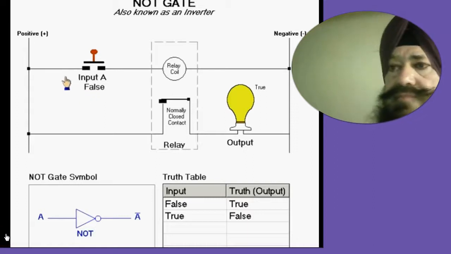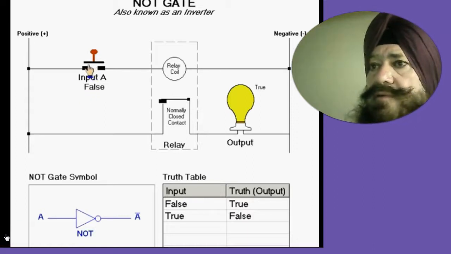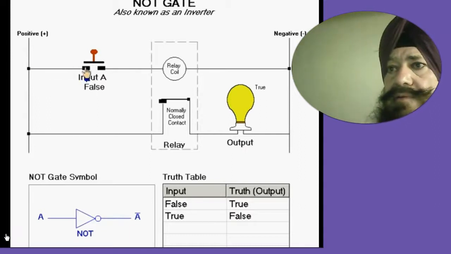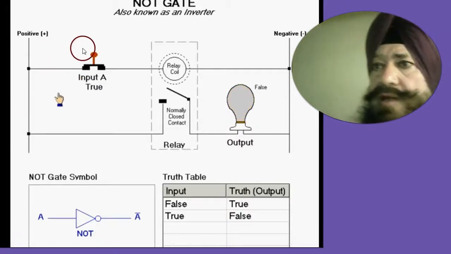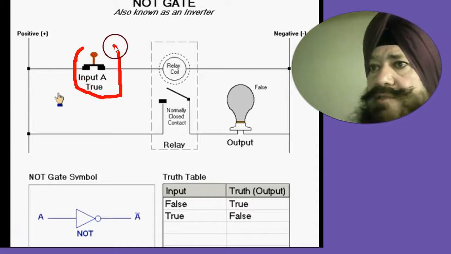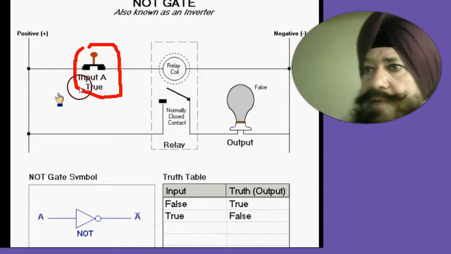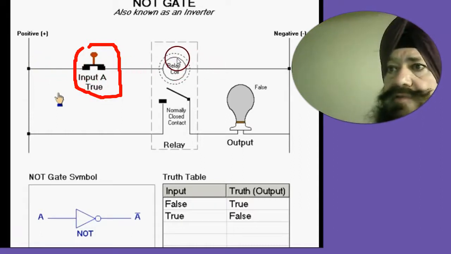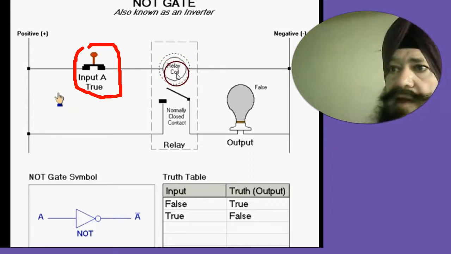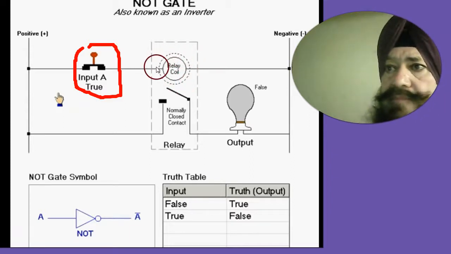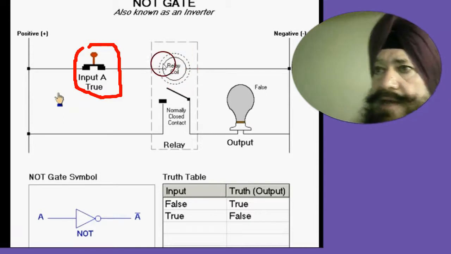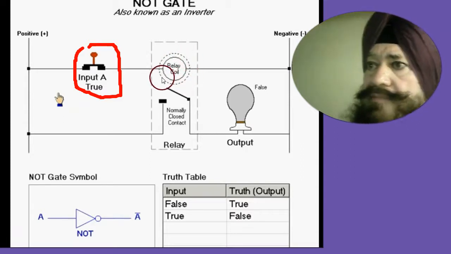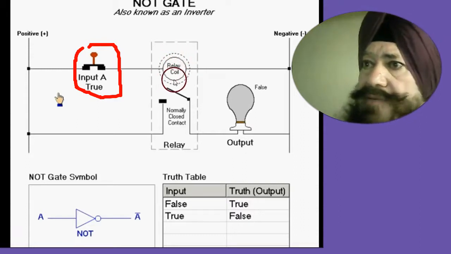Now when this switch is closed, meaning the true state, current starts flowing. This is the relay coil, and across the relay coil, magnetic energy builds up, it energizes.